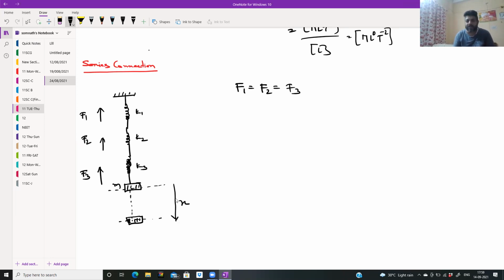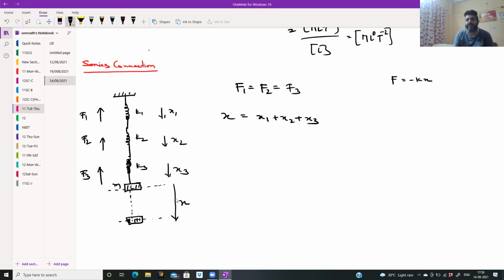And one more thing, the total contribution X equals the contribution by this one, X3, by this, X2, by this one, X1. So we can say X equals X1 plus X2 plus X3. Yes or no? Yes, sir. So X equals X1 plus X2 plus X3, that is the total contribution. And we know force equals minus Kx.